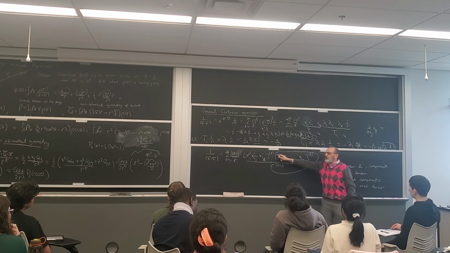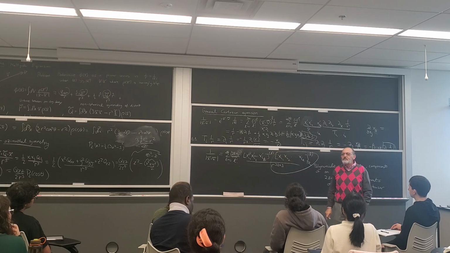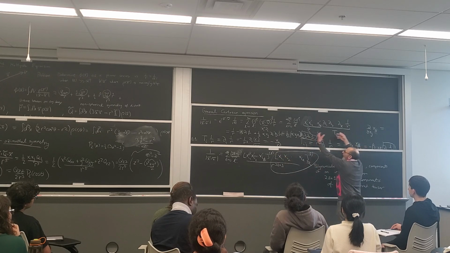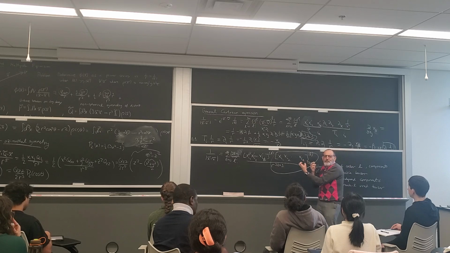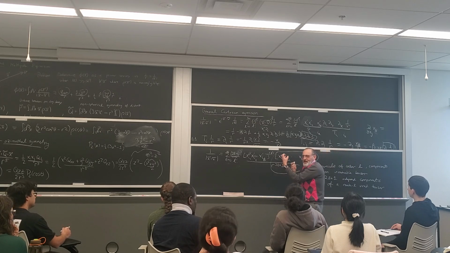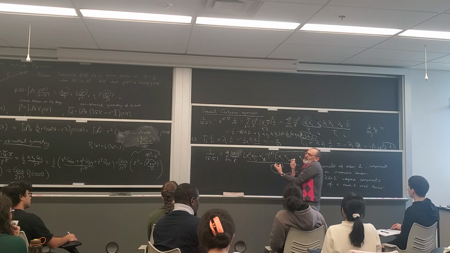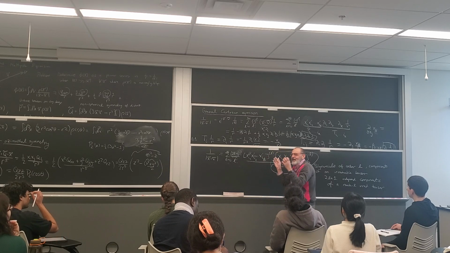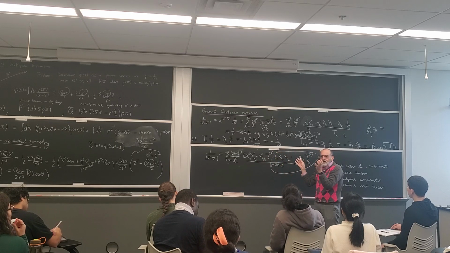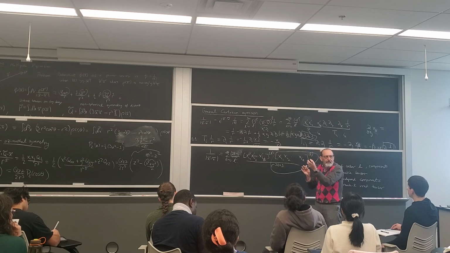Why was I all of a sudden allowed to do that? Because I'm contracting two tensors and it picks off only the irreducible piece, which we proved in problem set 1. Maybe we didn't understand how we were doing, but that's what we did. We showed that when you contract two tensors together, you pick off only the irreducible pieces. So I only need to look at the irreducible piece of that.